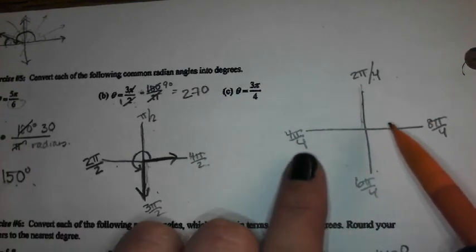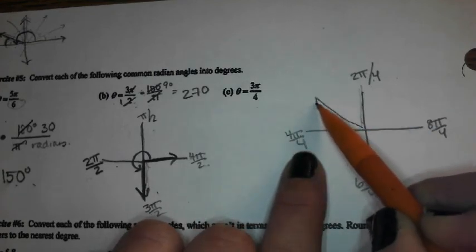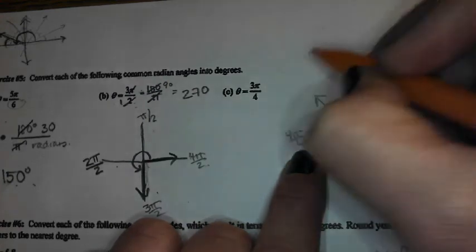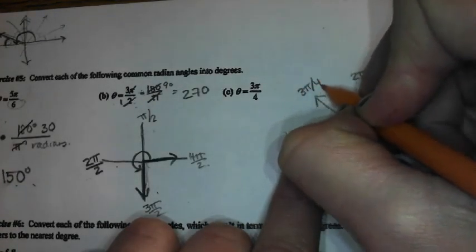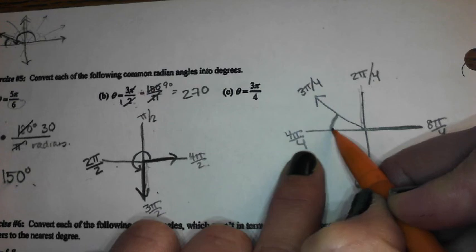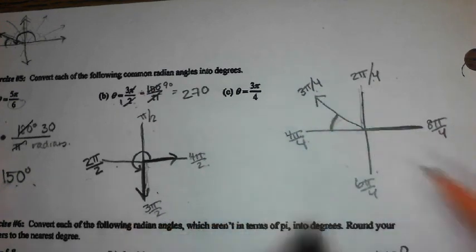So in this particular case, 3 pi over 4 is right here, yes? Between 2 pi over 4 and 4 pi over 4. So that's 3 pi over 4. What's the reference angle? 1 pi over 4. From 3 pi over 4 to 4 pi over 4 is 1 pi over 4.